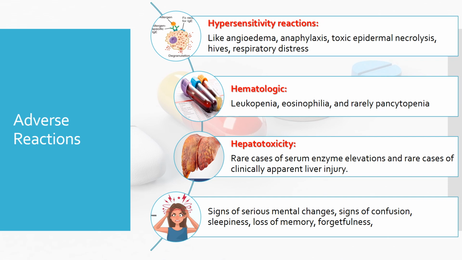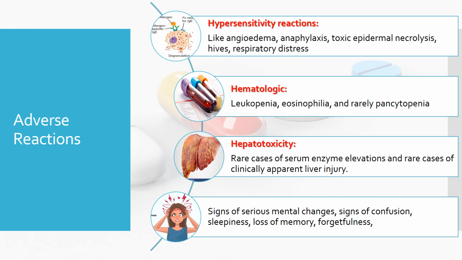Some patients do have hypersensitivity reactions to Keppra, so definitely want to watch out for any signs of angioedema, any anaphylaxis reaction, toxic epidermal necrolysis, hives, respiratory distress. For hematologic parameters, reactions, leukopenia, eosinophilia, and sometimes rarely pancytopenia have been reported.